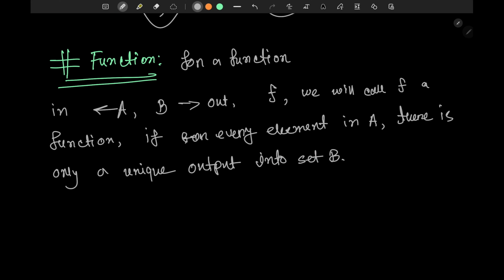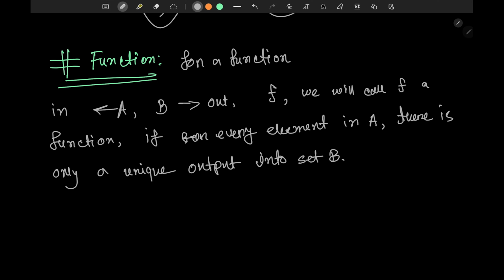What this means is that, let's say you have three elements in set A. For these three elements, all the outputs in set B cannot be the same.